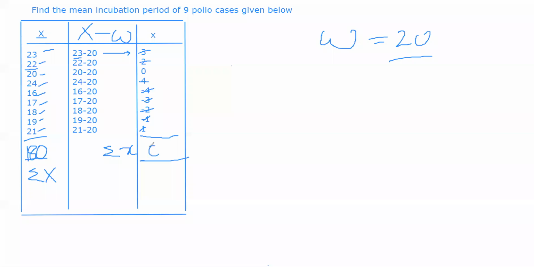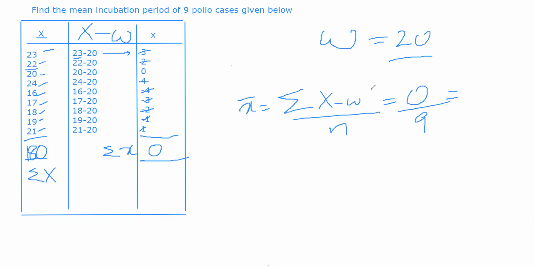So the summation of x will be 0, meaning my small x bar will be equal to sigma of capital X minus W divided by the number of observations, which is 0 divided by 9. Any 0 divided by anything will be equal to 0. This is step 1.